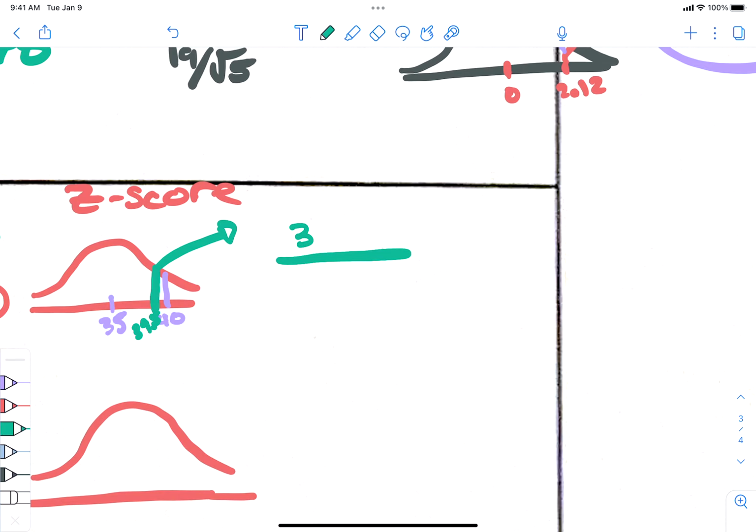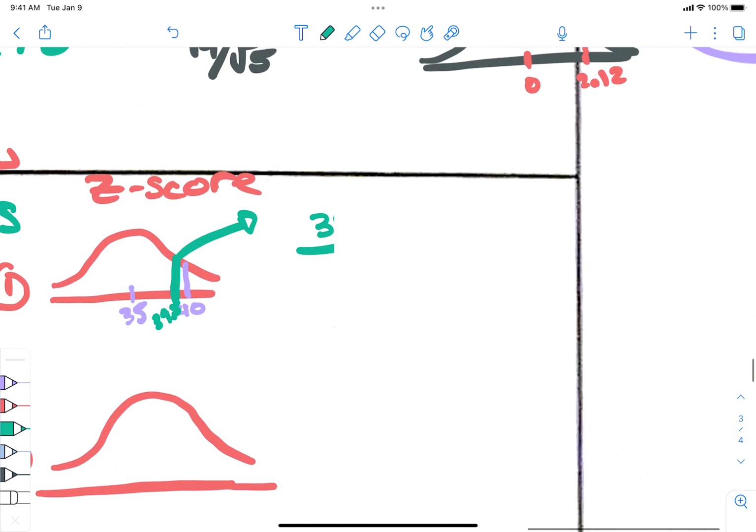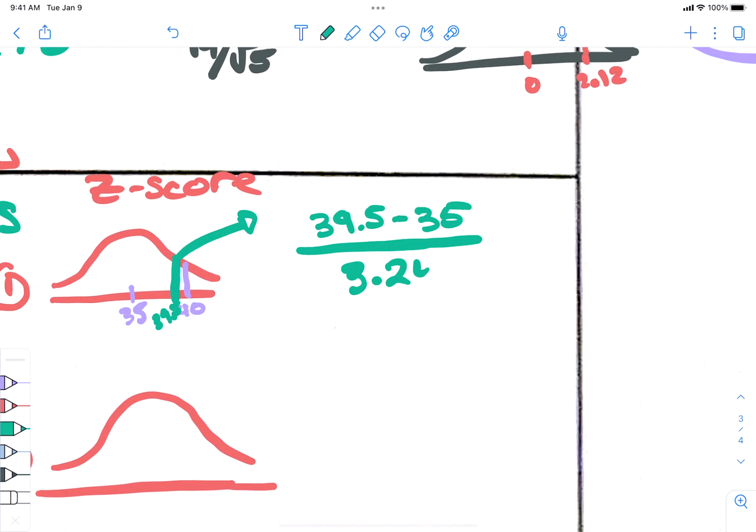Nope, other way around. 39.5 minus 35 over, what was our standard deviation? 3.24, thank you. And the z-score is going to be some positive number like 1 point something. Yeah, it is: 1.39, rounded to 2 decimal places.